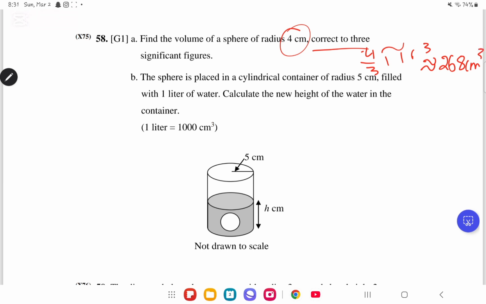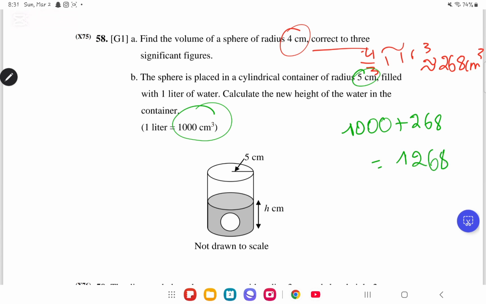Now, the sphere is placed in a cylindrical container of radius 5 centimeters filled with 1 liter of water. They need the new height of the water in the container. We know that 1 liter is 1,000 centimeters cubed, so 1,000 centimeters cubed plus the volume of the sphere, which is 268, you're going to get 1,268 centimeters cubed. This is now the new volume. Now to find the new height of the water, you apply the rule for the volume of a cylinder, which is pi r squared h.